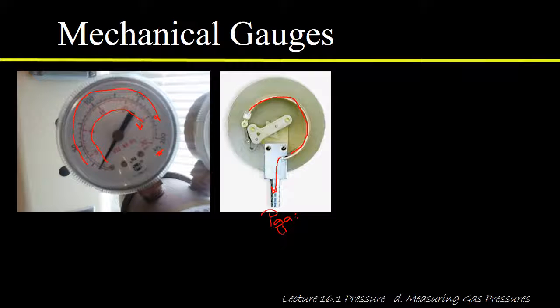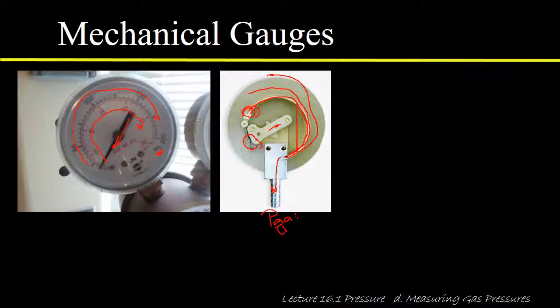If you put a lot of pressure in that tube, then it makes the tube straighten out a little bit and it loses some of its curve. If you've got even more pressure, then it straightens more. I'm exaggerating here because you can't go outside the thing, but the tube basically straightens out slightly, and that moves the tip of this tube here. And as the tip of the tube moves, you can see there's all these little connecting things here, and then this part here leads to the needle on the front face.